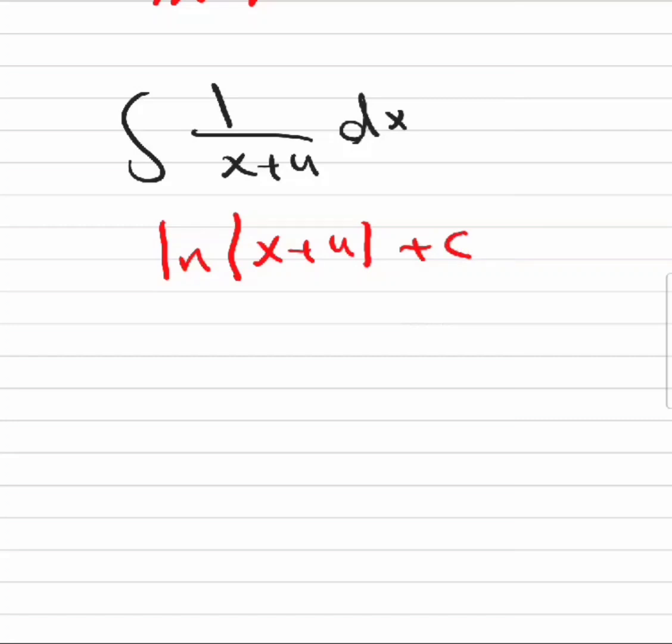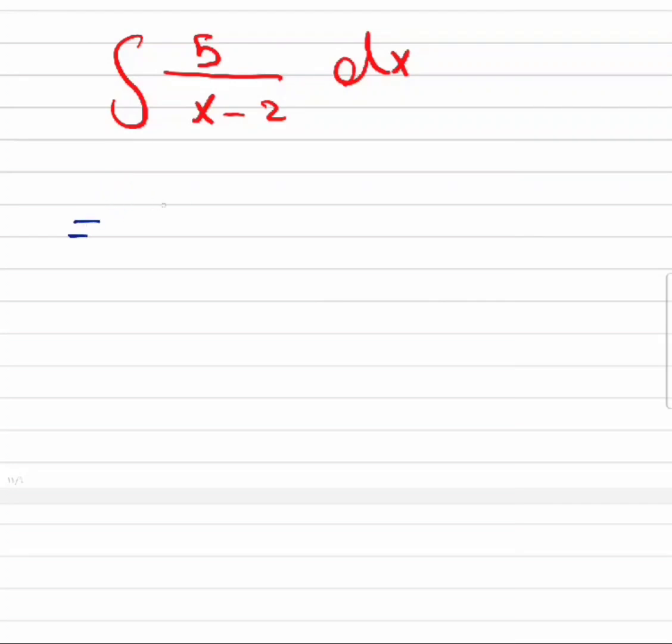Now what about this one? What's the antiderivative of 5 over x minus 2? If you want, you can move the constant to the front.